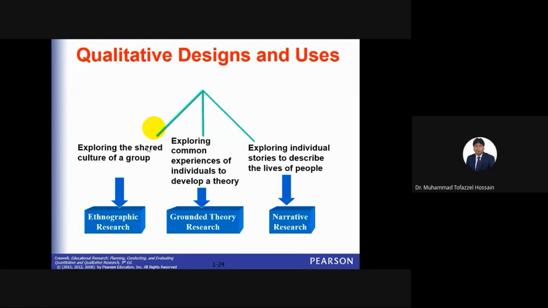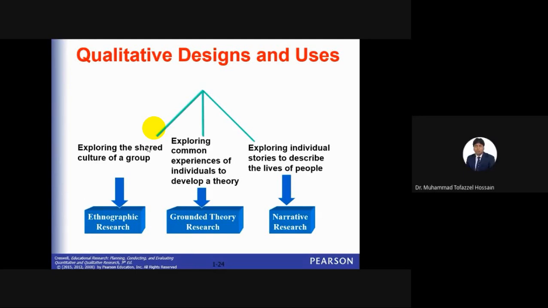So at what kind of business are they now conducting during COVID-19? In that case, you can know the overall picture of that group. So it will be ethnographic research.